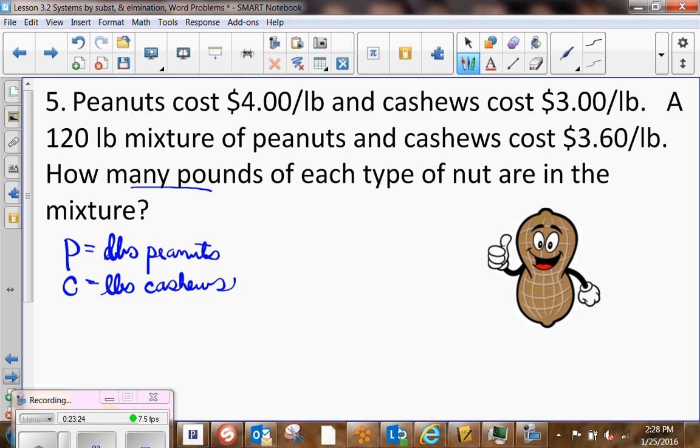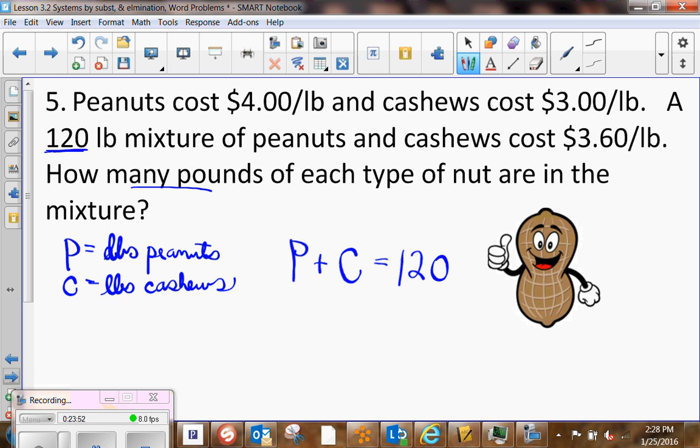P plus C is going to be a total of what? 120. That's the total. That's the big mama, the final bag. The number of peanuts plus the number of cashews is going to be not the number of the poundage of, it'll be 120 pounds. All right. Then I've got, how many pounds of each type of nut?